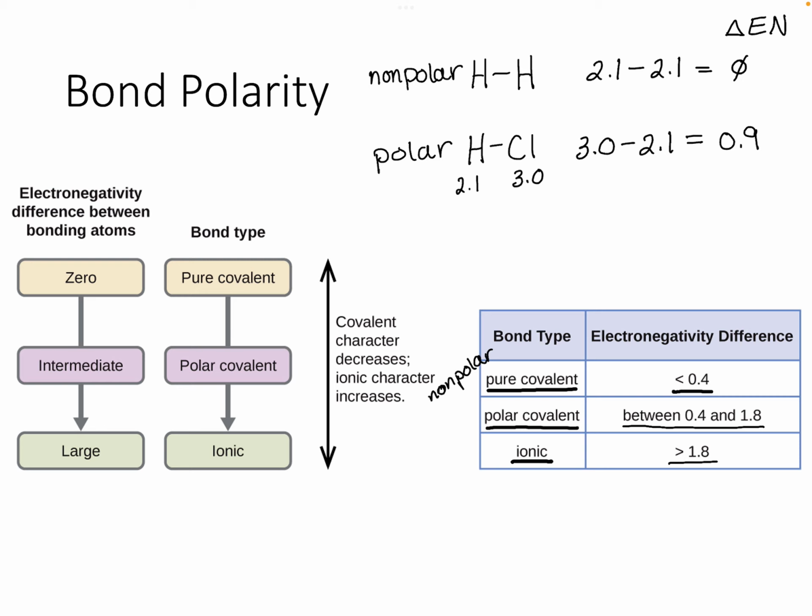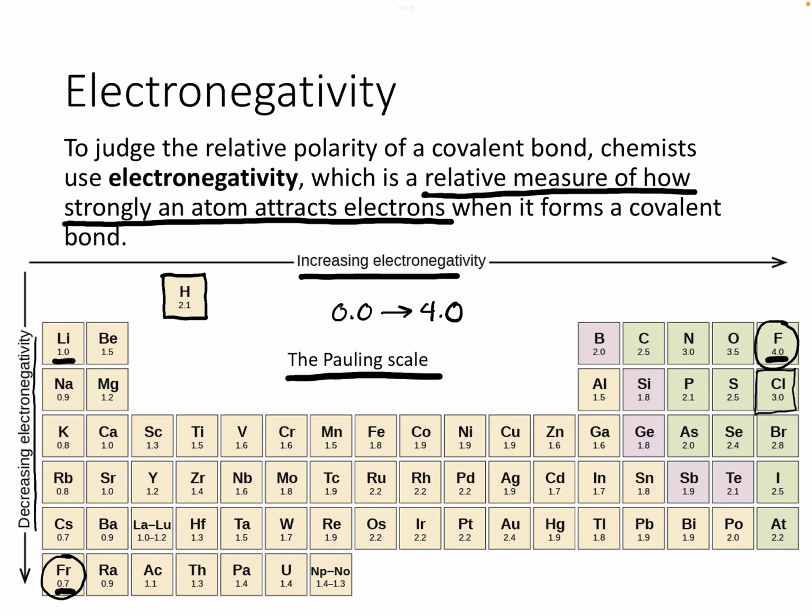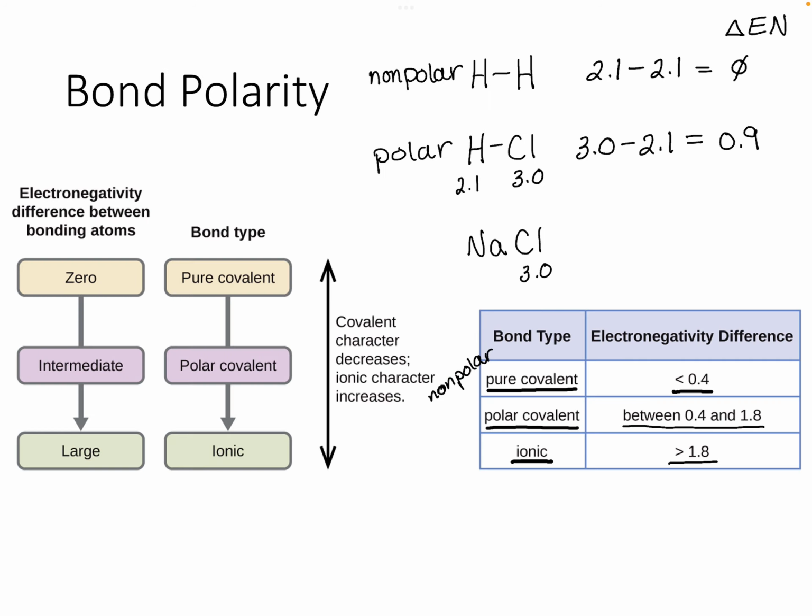So that would be, for example, the bond between sodium and chlorine. So we already looked up chlorine's electronegativity value. It was 3.0. Let's look up sodium's electronegativity value. So sodium is on the left here, and its value is 0.9.